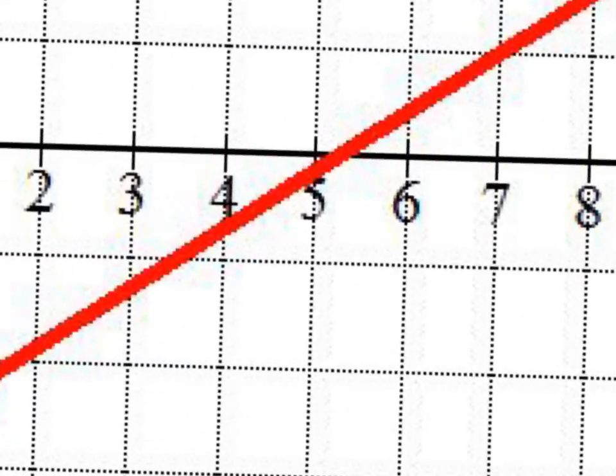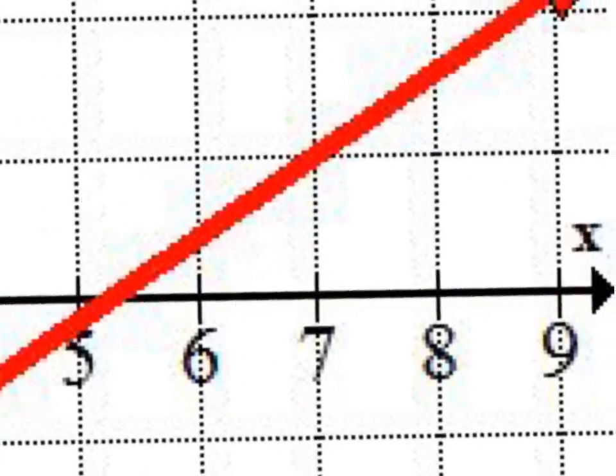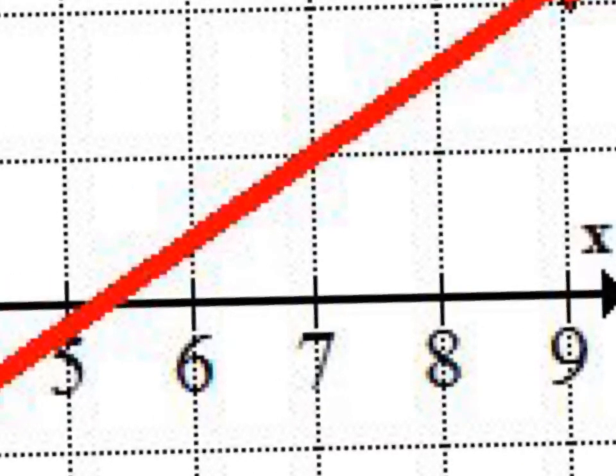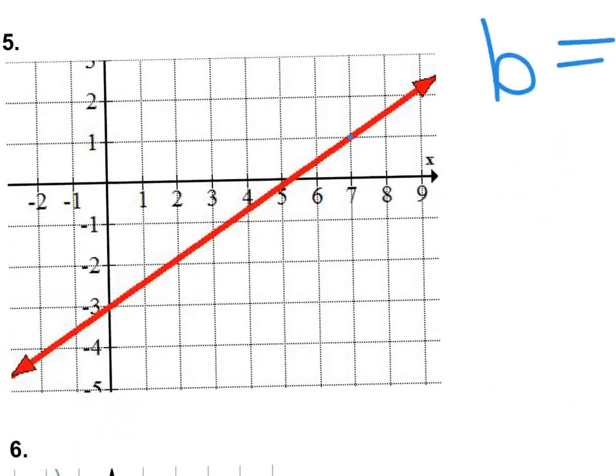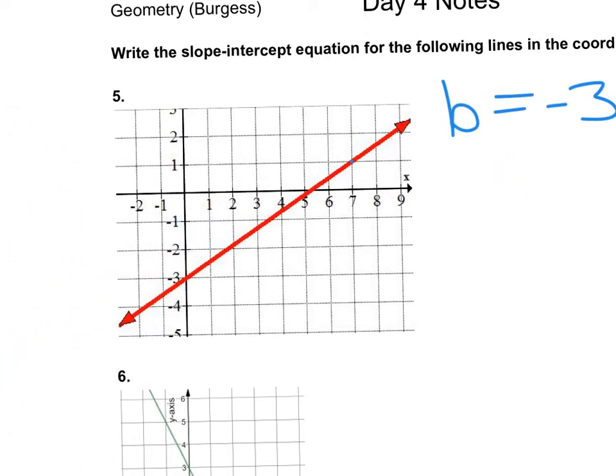Jaden thinks it goes through here. It really doesn't go through here either. But at 7 and 1, it actually does hit where we need it to hit. Okay. So we can use that point. Now, why is that point important to us anyway? It's going to help us find what?